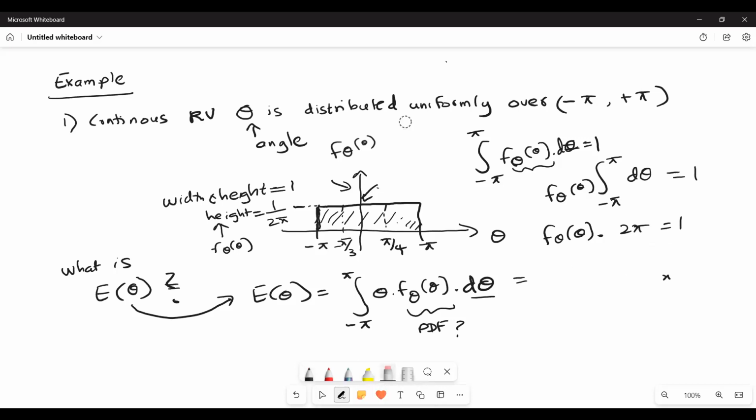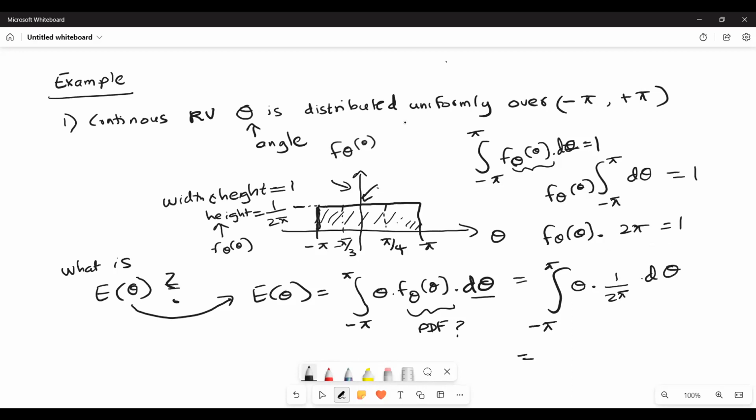So by finding f_theta(theta), I am able to find the expectation value of theta. I will find it by substituting 1 over 2 pi in here and then integrating with respect to theta.